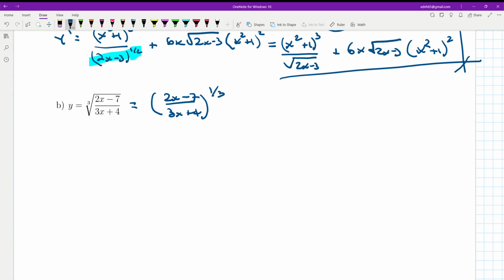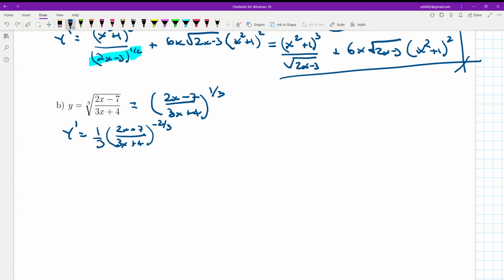So let's use the chain rule. y prime equals 1/3 times the whole thing, 2x minus 7 over 3x plus 4, to the 1/3 minus 1, which is negative 2/3. And then that times the derivative of this quantity inside of the parentheses.